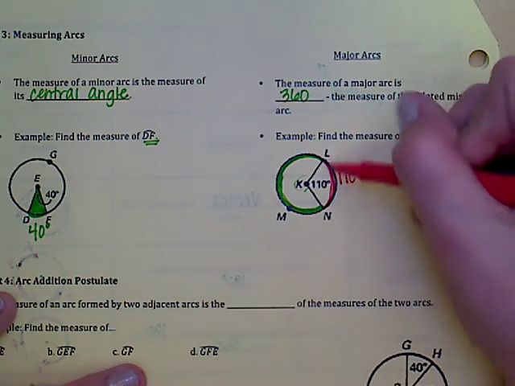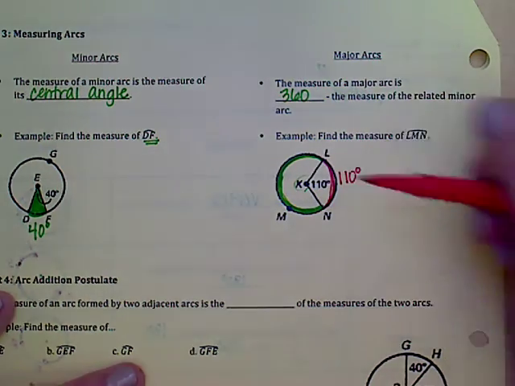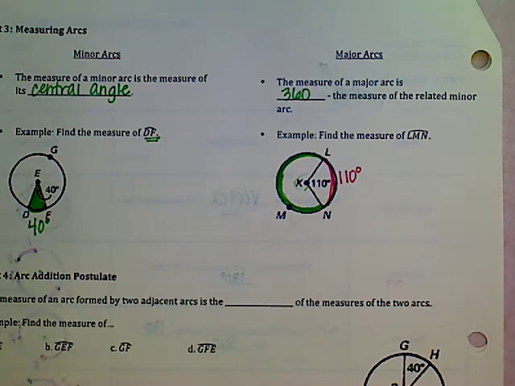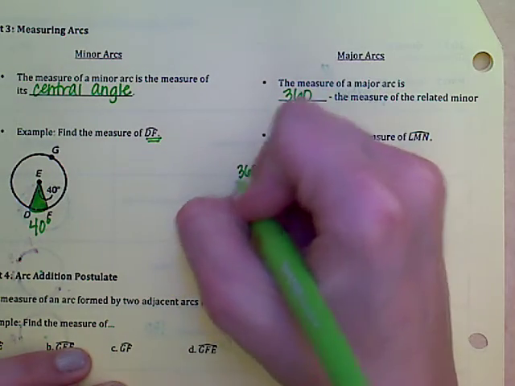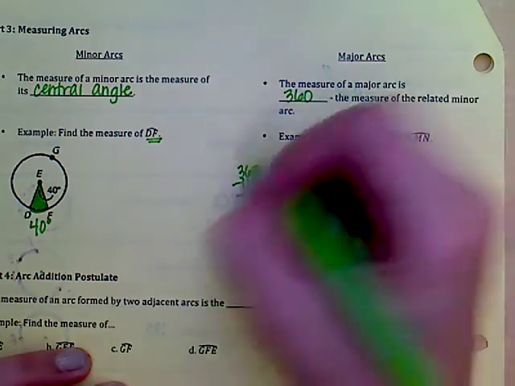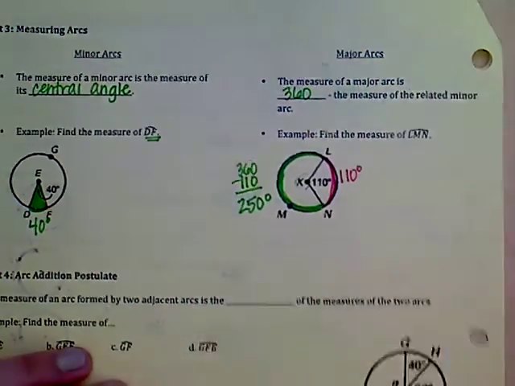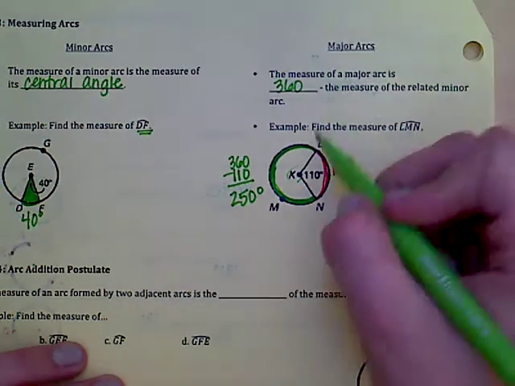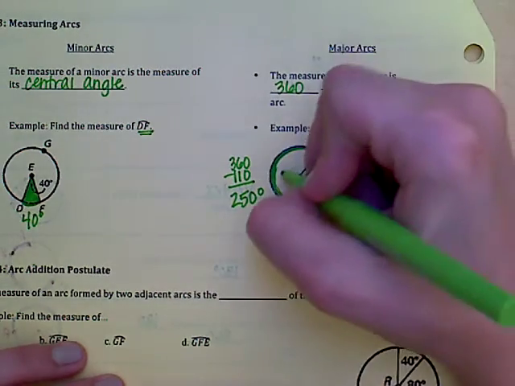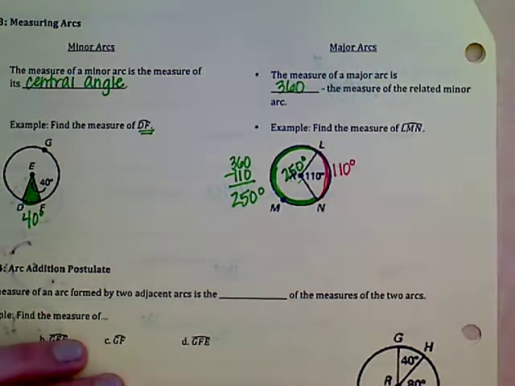If this red piece is 110, a circle has 360 total degrees. So this green part, the rest of the circle, has to be 360 minus 110, which is 250 degrees. It also works in reverse. If this arc is 250, this central angle is 250 as well.